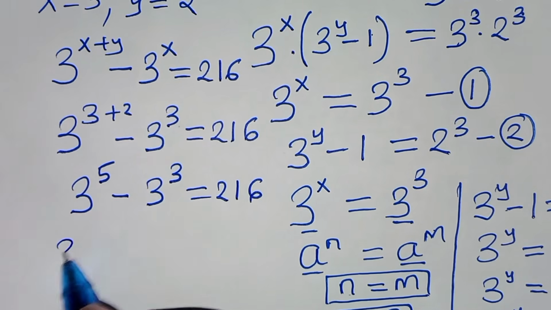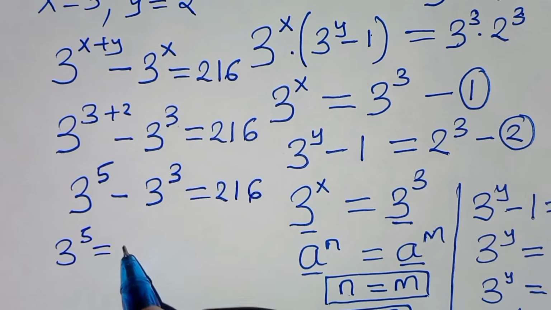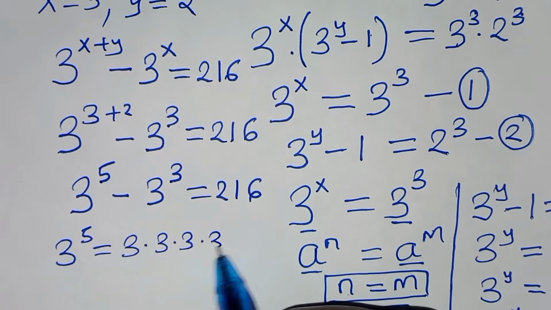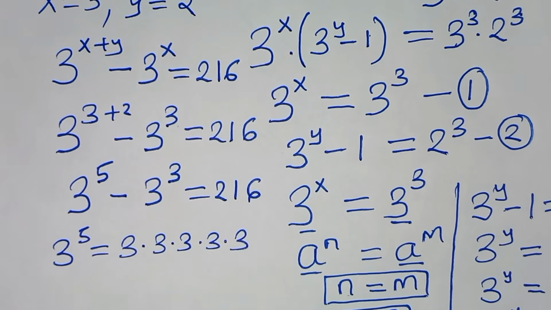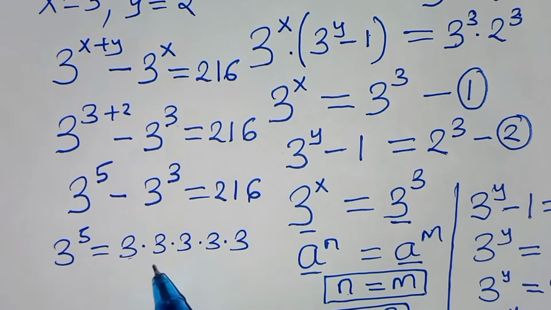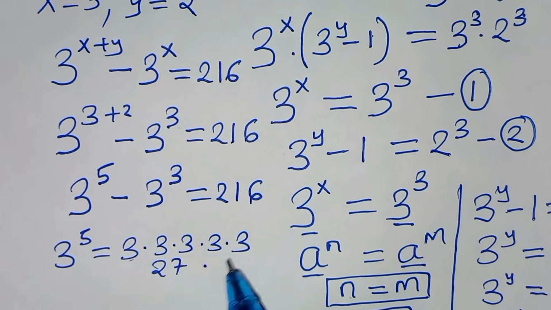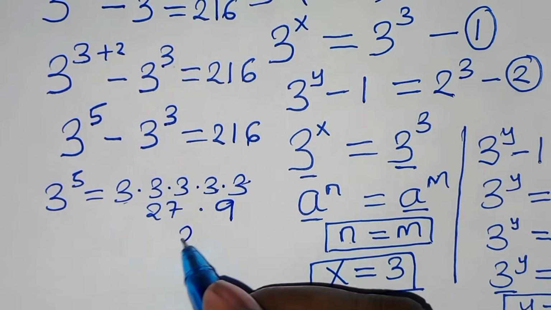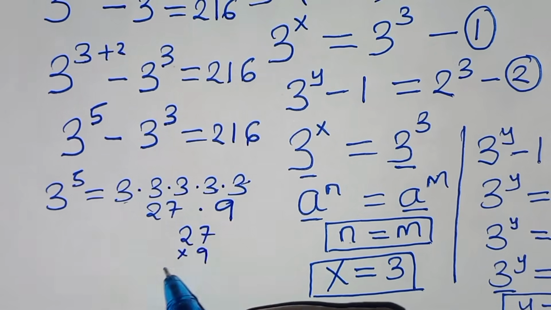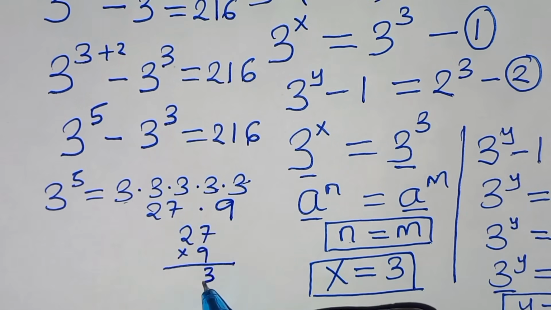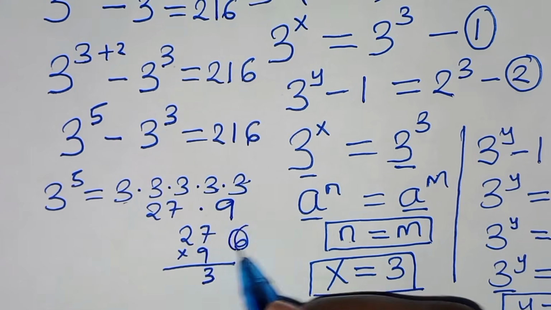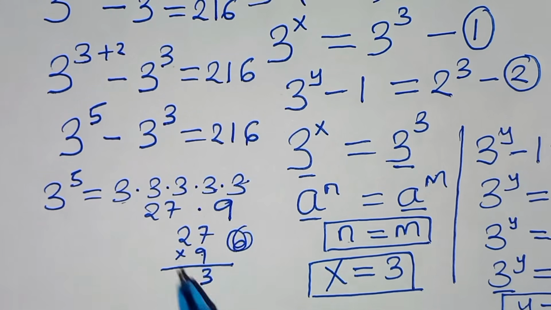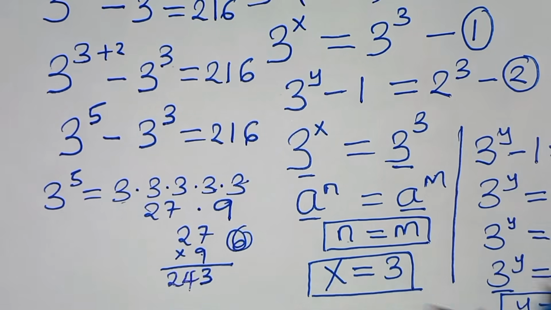So 3 to power 5 here is the same thing as 3 times 3 times 3 times 3 times 3. So 3 times 3 times 3 is 27, multiplied by 3 times 3, which is 9. So this is 27 multiplied by 9. 9 times 7 is 63, so 3 carries 6 here. 9 times 2 is 18, plus 6, that is 243.